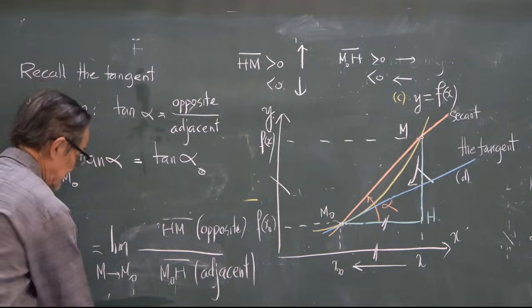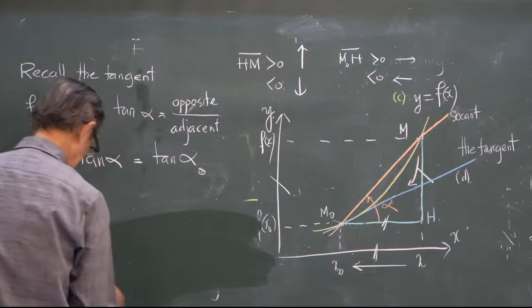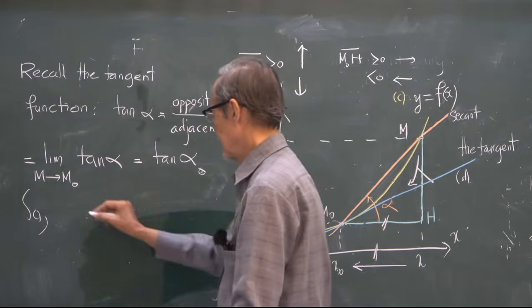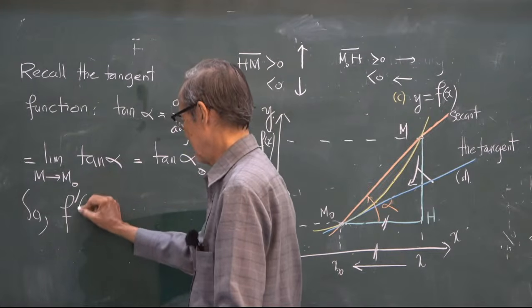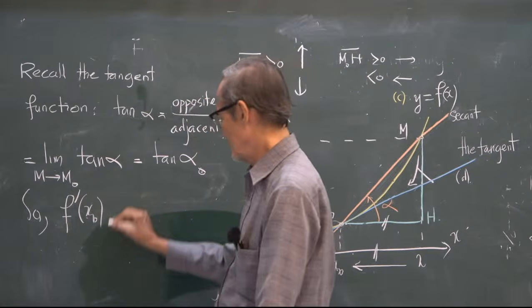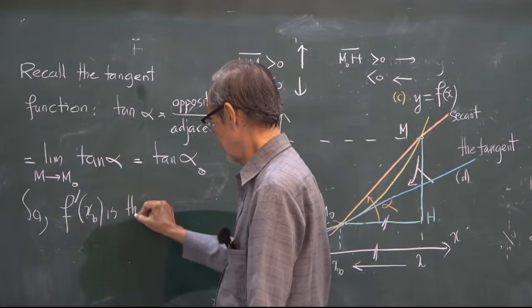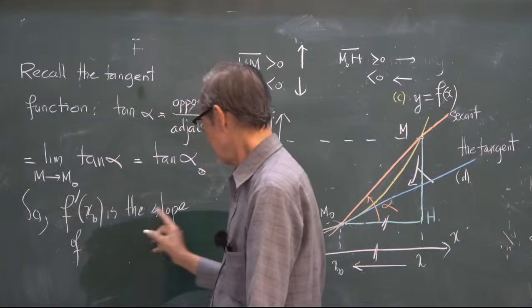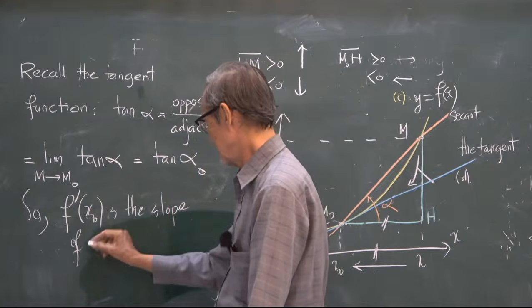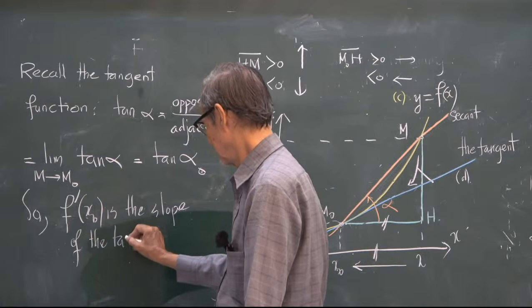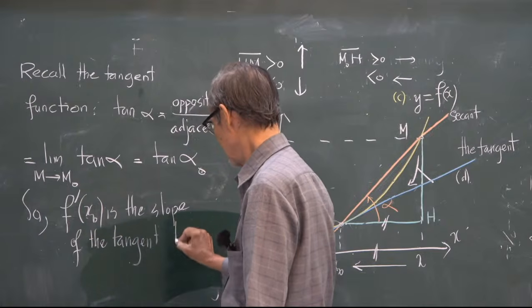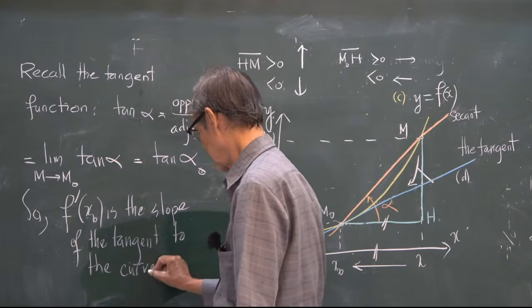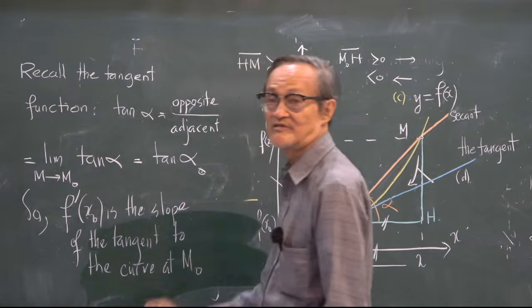So f prime at x0 is the slope of the tangent to the curve at M0.